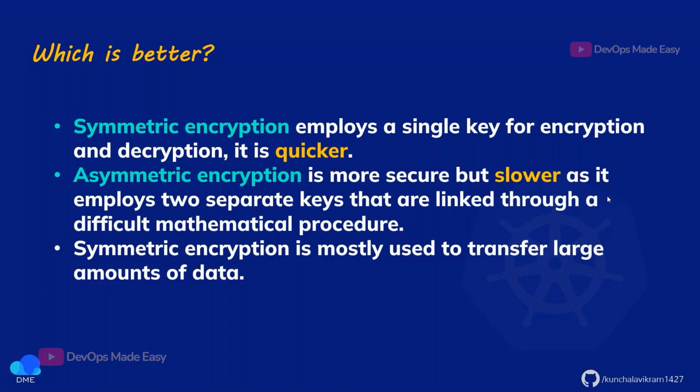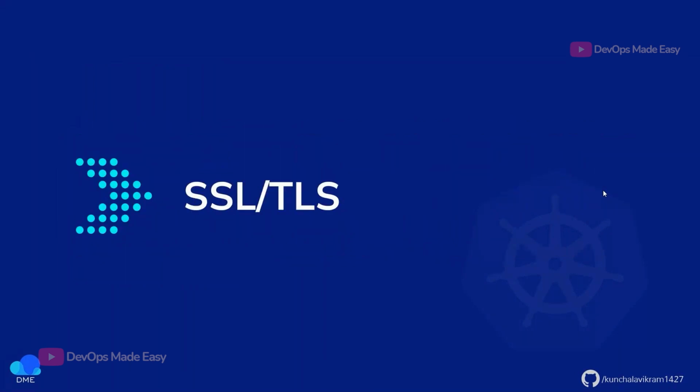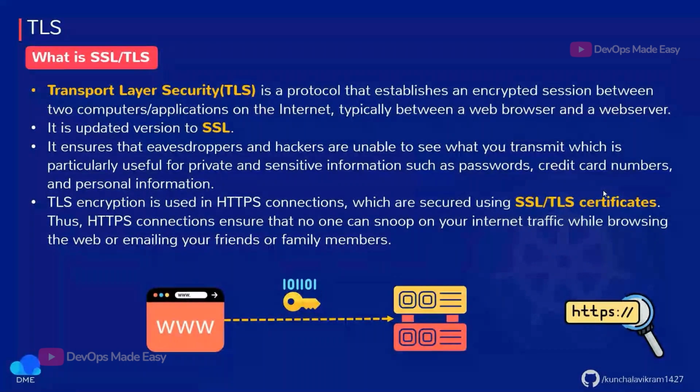So having that extra key makes the asymmetric algorithm more secure, but it is much slower because encryption and decryption are handled through very difficult mathematical models. That's why it is much slower. And symmetric encryption is preferred if you are sending more data across the internet because it is much faster. Understood? Clear, guys? Any questions?